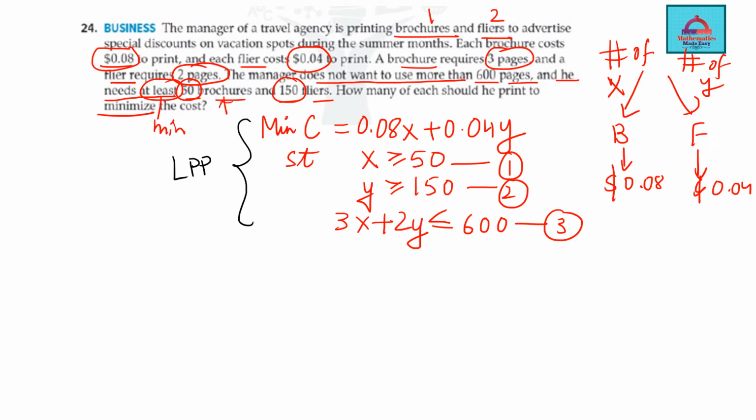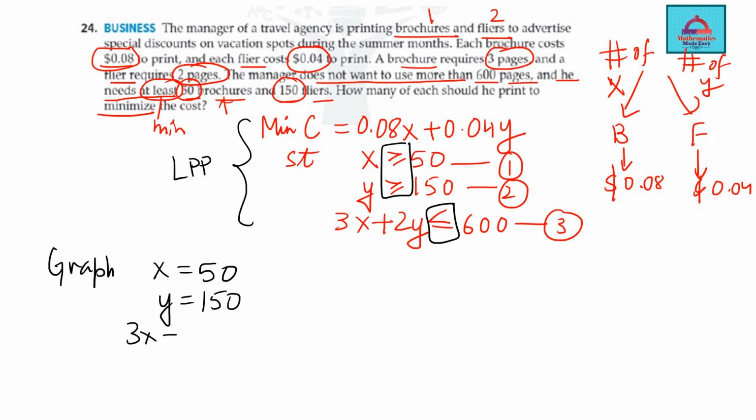Now, if you don't want to use Desmos, you want to draw it yourself, you can also do that. In that case, you will convert these inequalities to equations. So you can also graph yourself without using a calculator: x equal to 50, y equal to 150, and 3x plus 2y equal to 600. Then you look at greater than or equal to for these two conditions and less than or equal to for this.